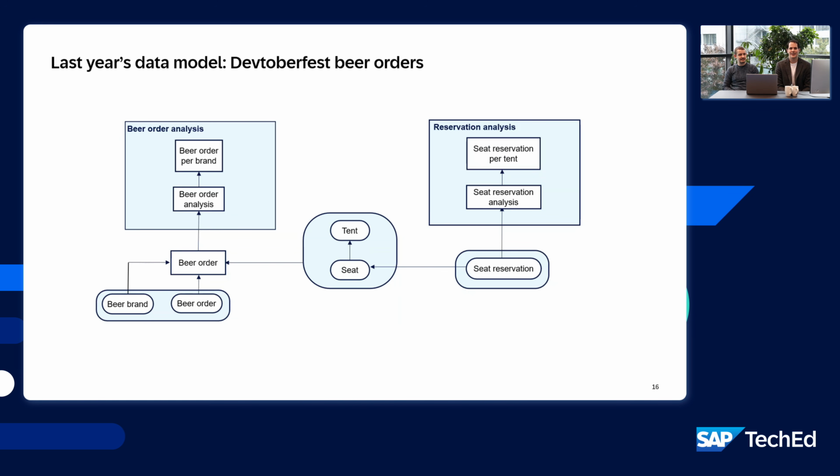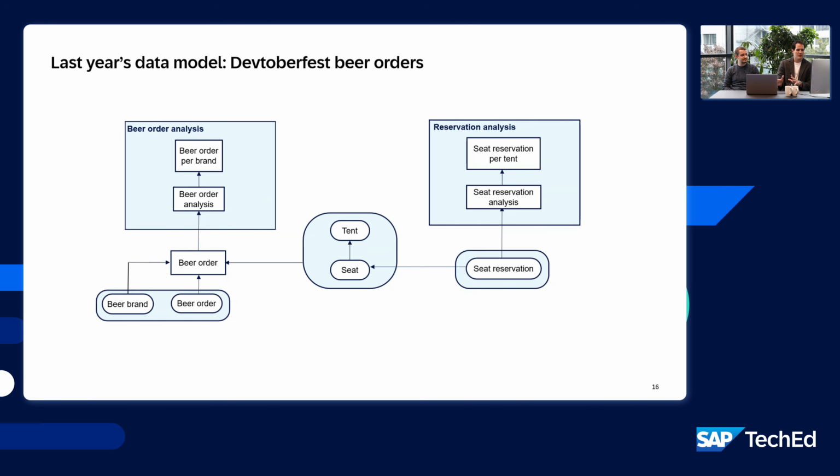So we had a data model from last year, and we've been tasked to upgrade it in some sense. Yes, it looks a little bit like this. We have some beer orders with tables. We expose that data, and then we're trying to analyze it.